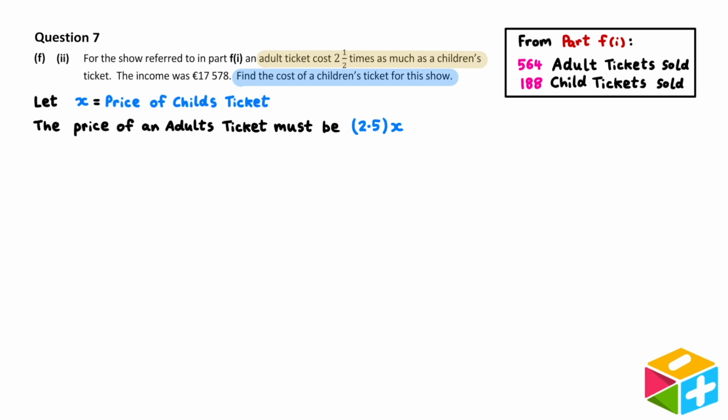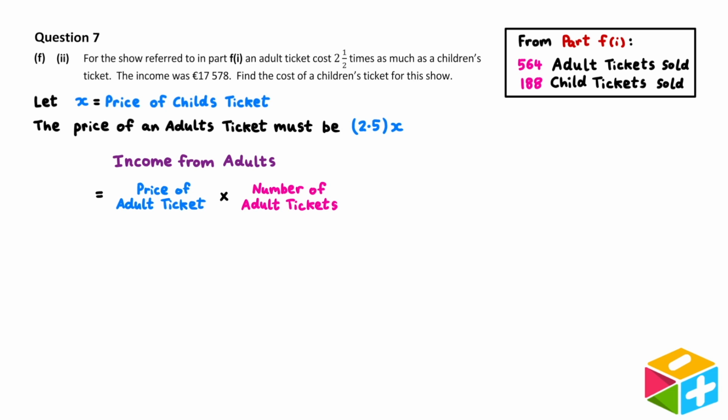The only other bit of information we're given is that the total income was €17,578. This income will be composed of the income from the adult tickets as well as the income from the children's tickets. Let's think about both of these in terms of X. The income from the adults will be the price of an adult ticket times the number of adult tickets.